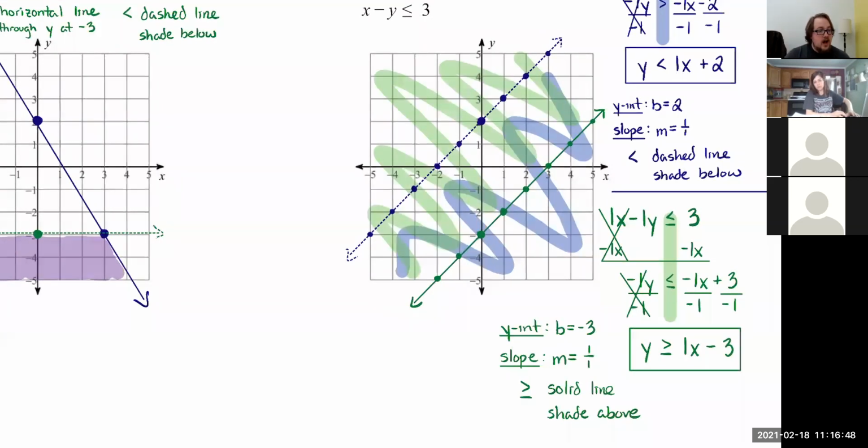Now, students at first think, I shaded everywhere. Well, yes, but we're most interested in where we shaded twice.